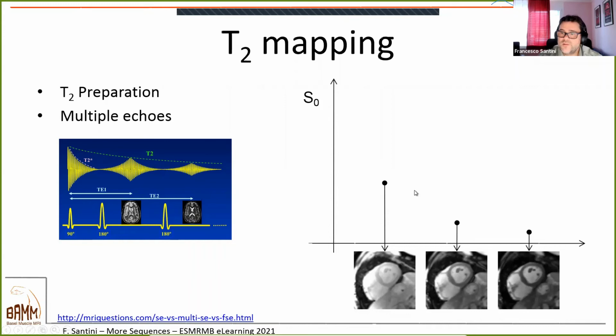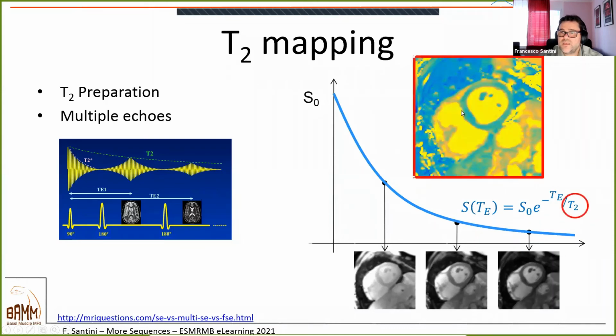And again, we know that this decay, depending on TE, will follow a very clear signal model that is, in this case, not an exponential recovery but an exponential decay. Again, like before, we fit this model through these points, and we obtain a map. And if we measure the values in this map, we will obtain the T2 values of each tissue.